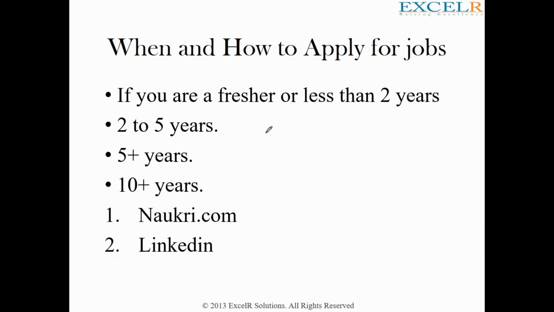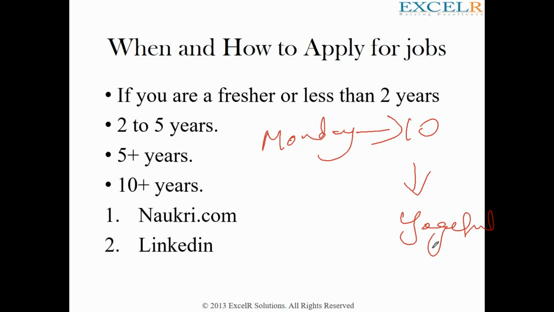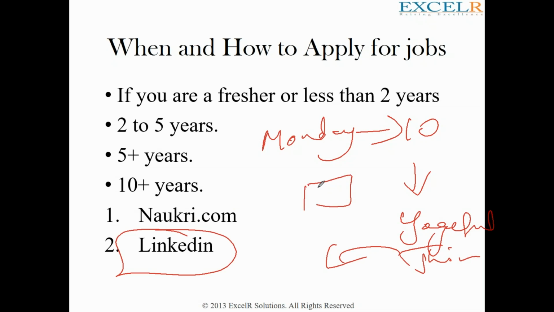For example, consider that Monday morning there is one interview scheduled around 10 a.m. You come to know that the person's name is Yogesh. If you know the full name of an interviewer or their company name, you can go to LinkedIn and search, for example, Yogesh T, Accenture.